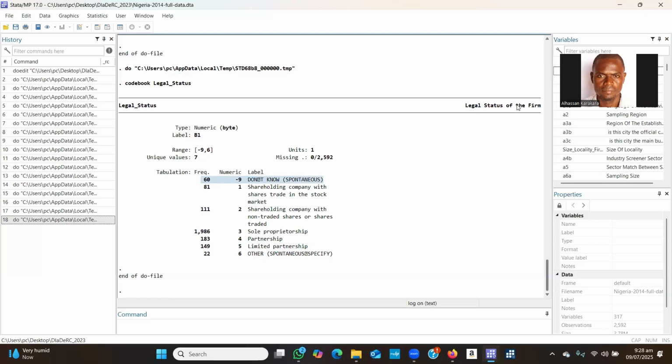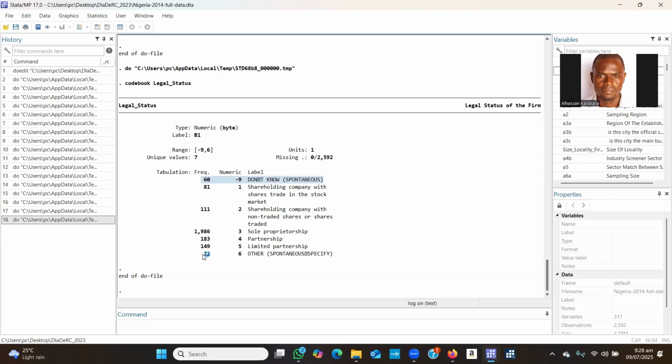So if legal status of the firm is one of your major variables, maybe you want to see a shareholding firm versus sole proprietorship firms versus partnership firms, which of them makes more profit? If profit is your goal, then you need to drop these guys because they didn't indicate where they belong.